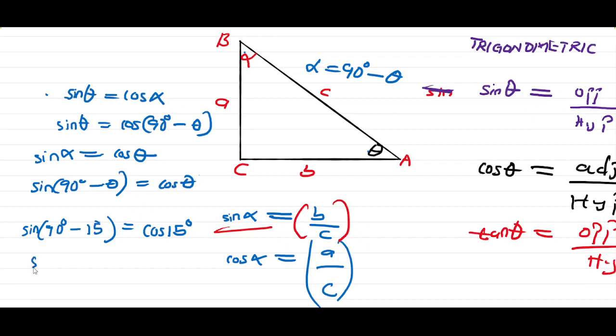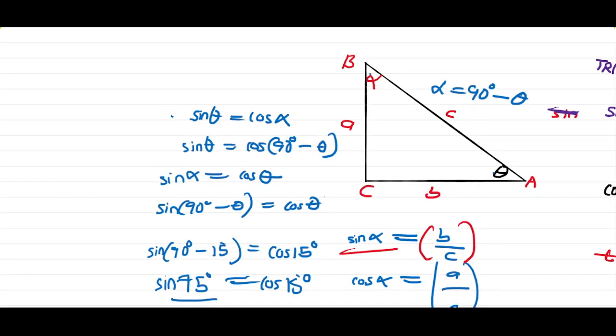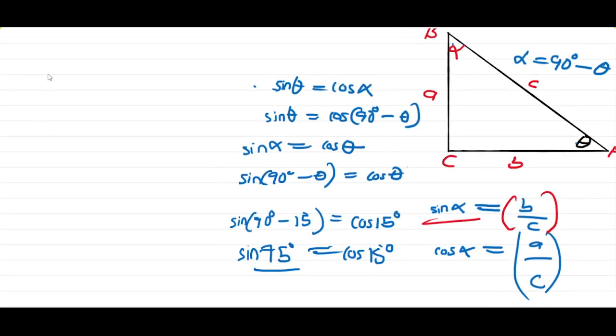What that should tell us is sine 75 degrees is the same thing as cos 15 degrees. Another thing we can notice is that sine of 90 degrees minus 60 degrees is equal to cos 60 degrees, so 90 minus 60 is 30, therefore sine 30 is the same thing as cos 60 degrees.